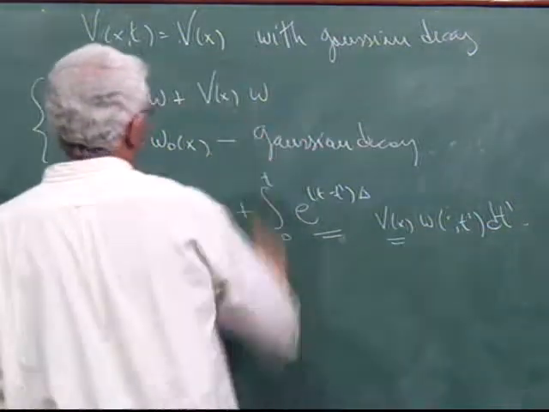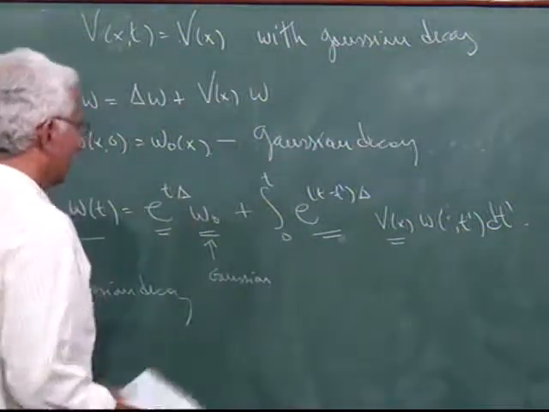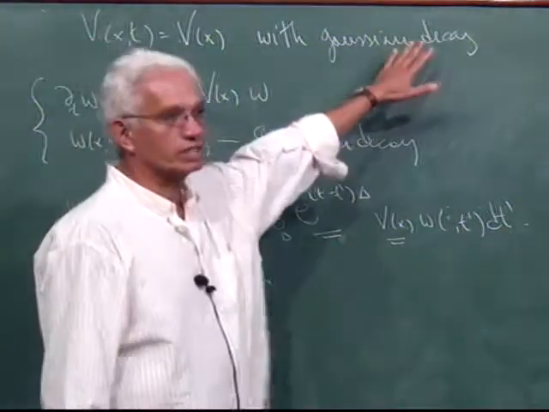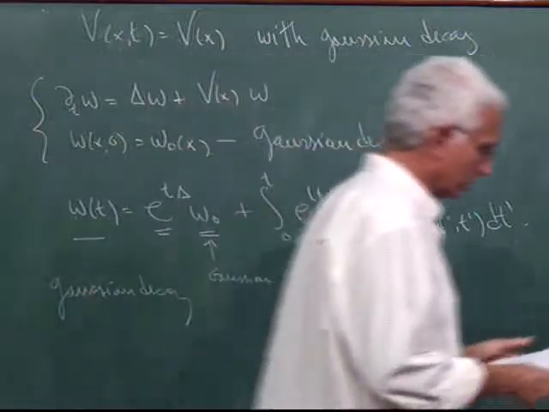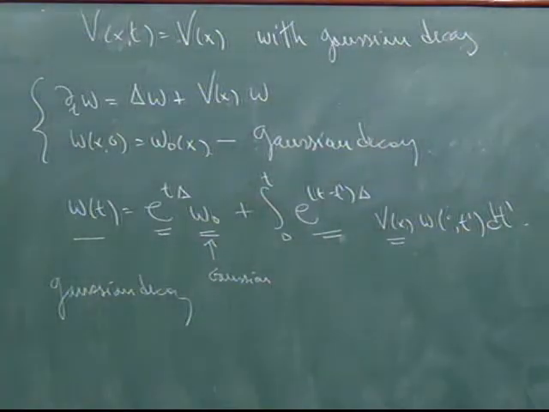In fact, to simplify your life, you don't need this to have Gaussian decay. You can prove it from here by iteration, but to make it shorter, now what do you do?